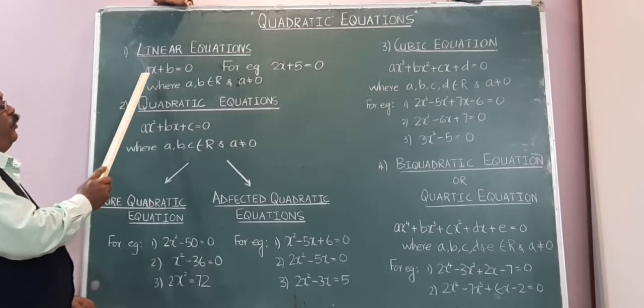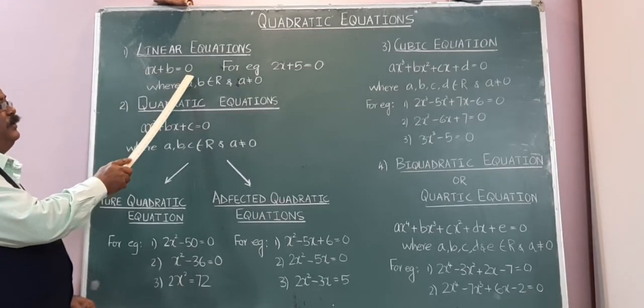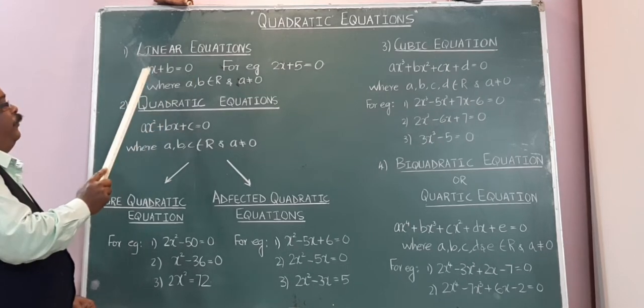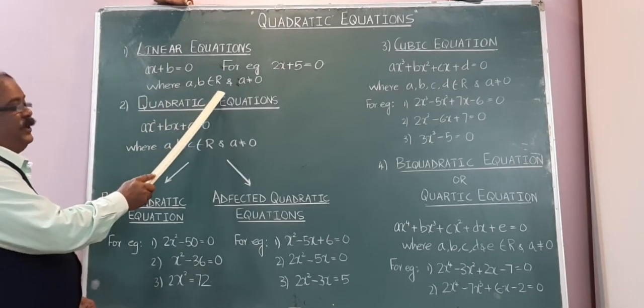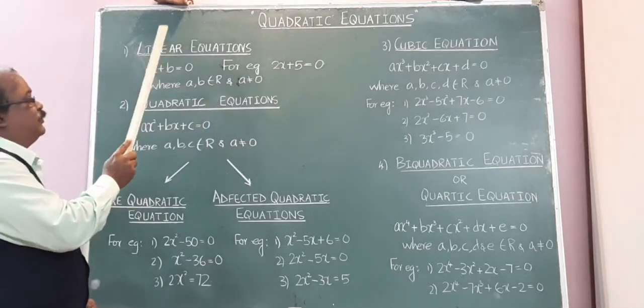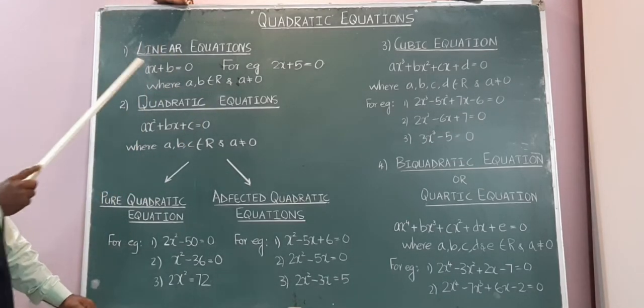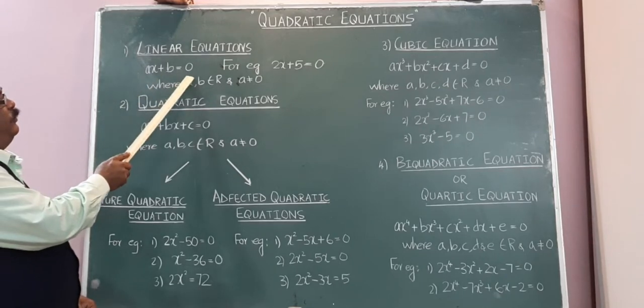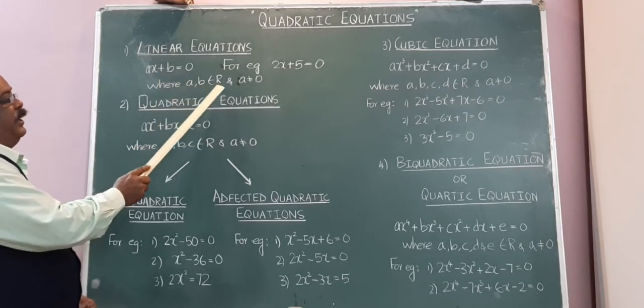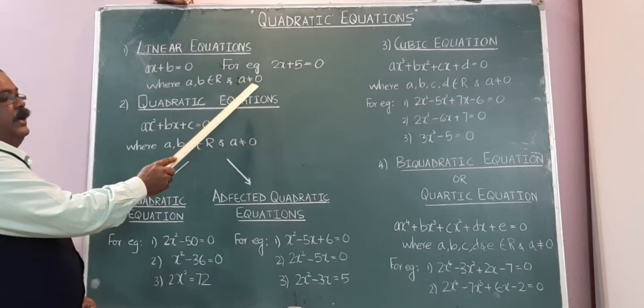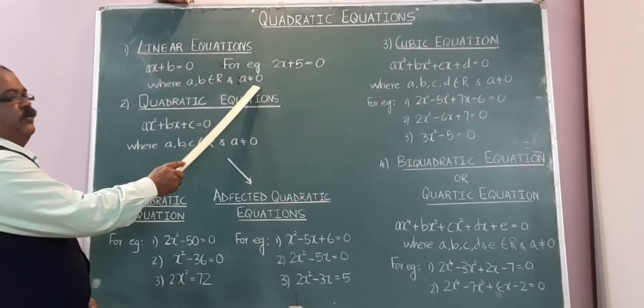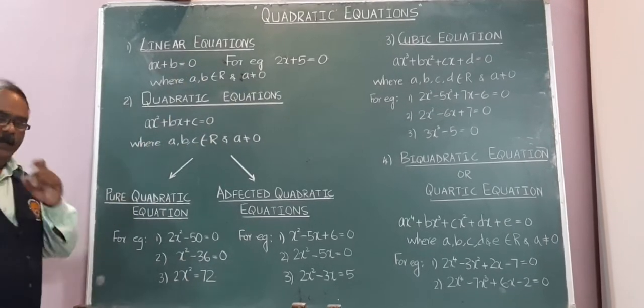An equation of the form ax plus b is equal to 0, where a and b are real numbers, and provided a is not equal to 0, is called a linear equation.